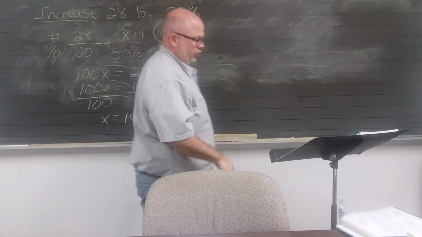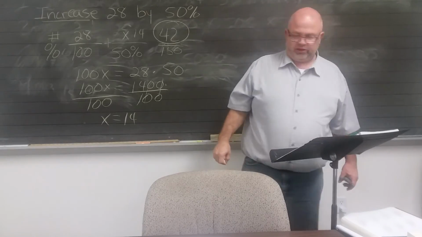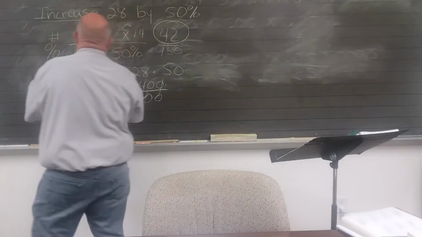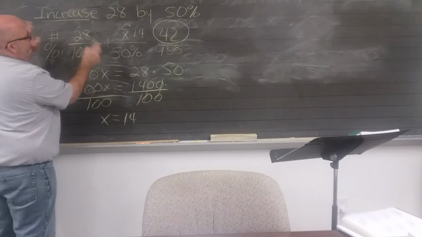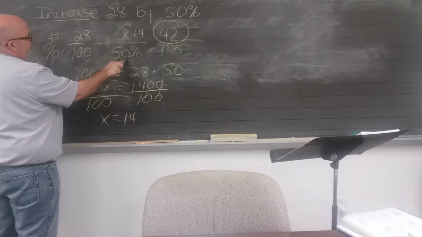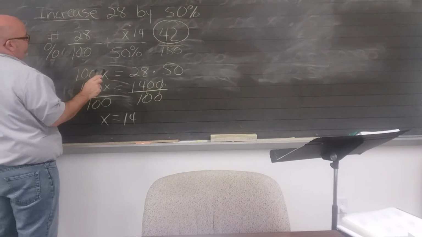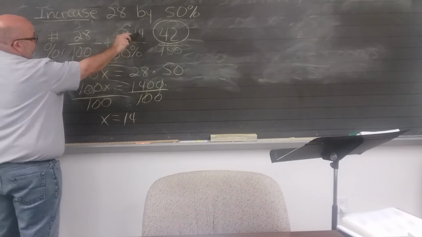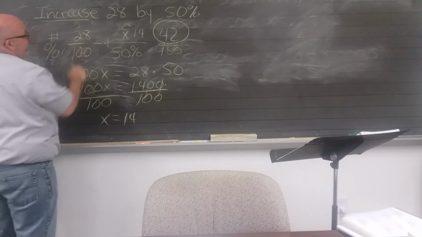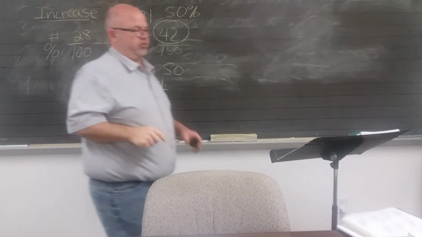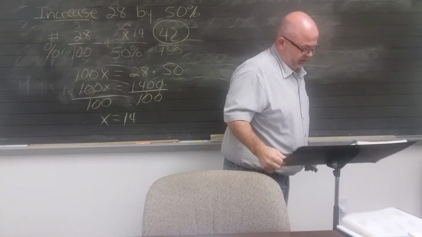Increase 28, which is 100% of something, by 50%. So you figure out what 50% of 28 is, which is 14, and then you add those two. If it says increase, you add. Decrease, you subtract.